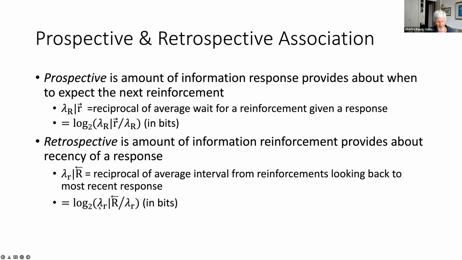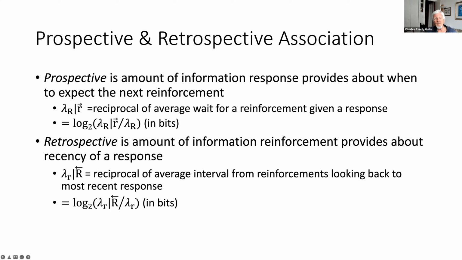But for deep mathematical reasons, throughout all of this, we convert our average intervals to rates. And so this is just the reciprocal of the average interval looking back from the reinforcement. And you compare that rate to the average interval between responses.